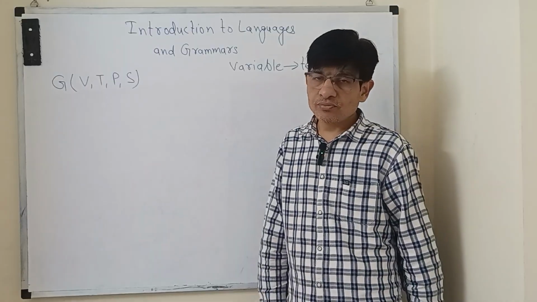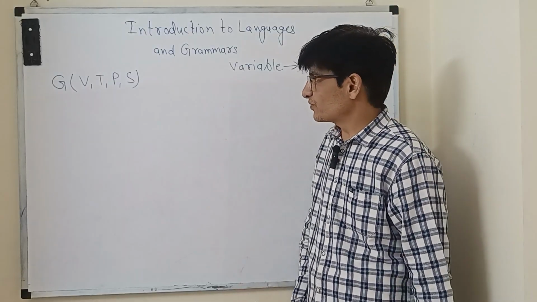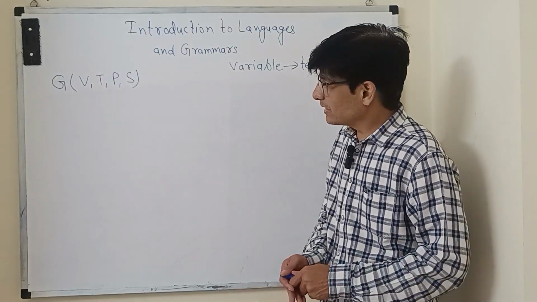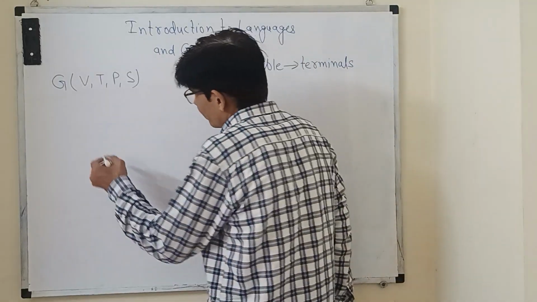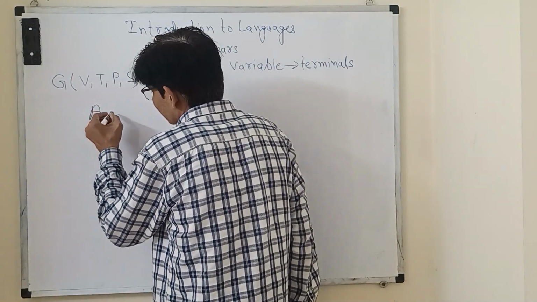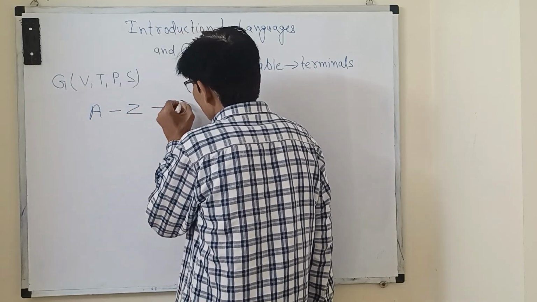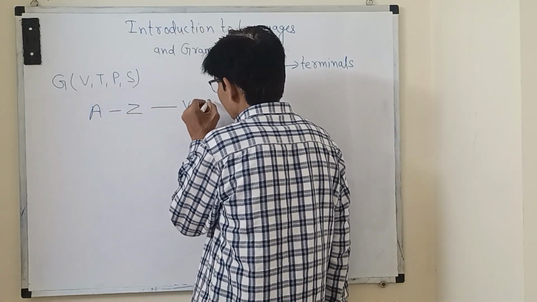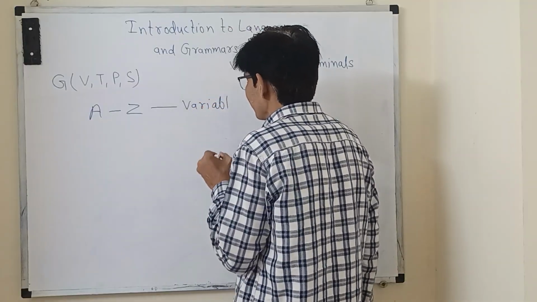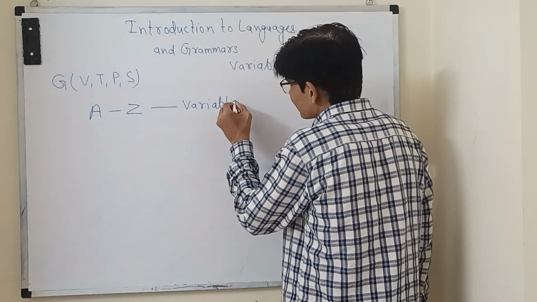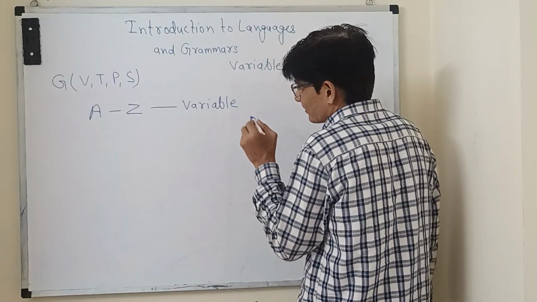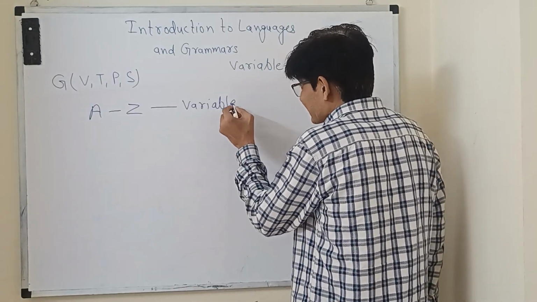So friends, now we will talk about the general conventions for variable and terminal names. All uppercase letters from capital A to capital Z are considered variables of the grammar. By default, if nothing is mentioned, you can consider all uppercase letters in the grammar as variables.